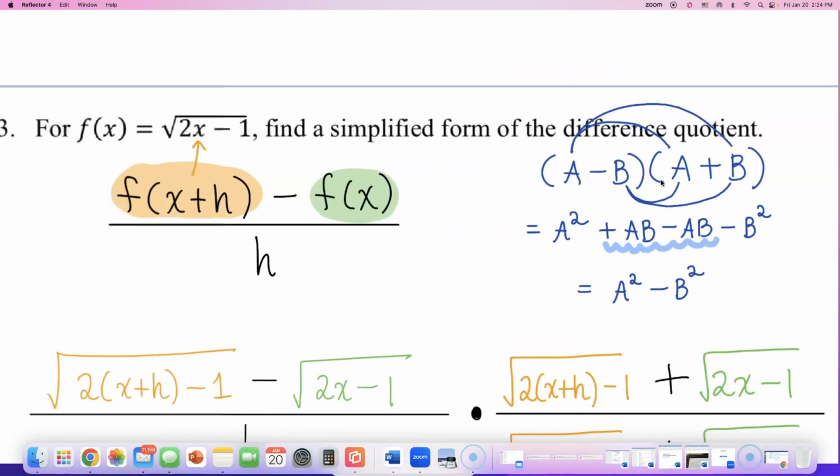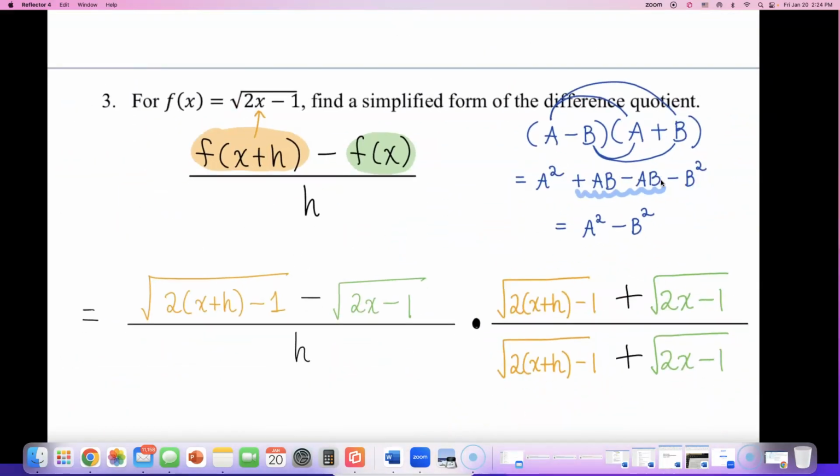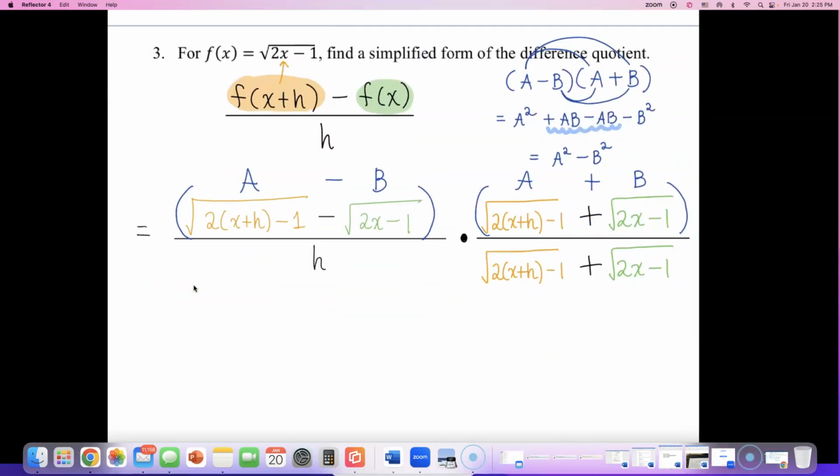So that's what we are doing here, okay? I am multiplying a minus b times a plus b, where a is the orange square root and b is this green square root. Let me actually write it down. Think of this as your a minus b, and think of the second as a plus b. So when you multiply the numerator, we don't really have to FOIL this out.